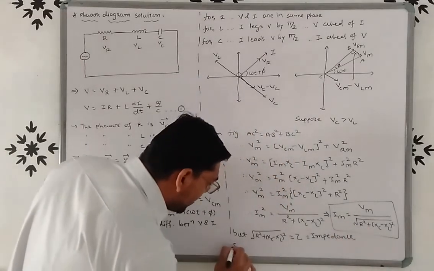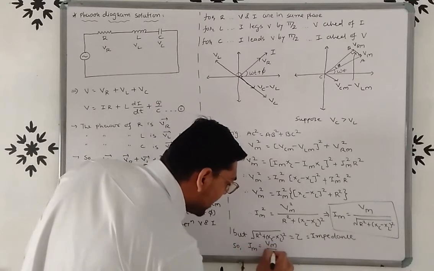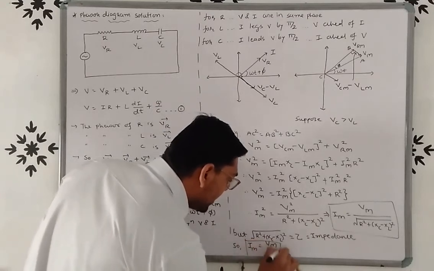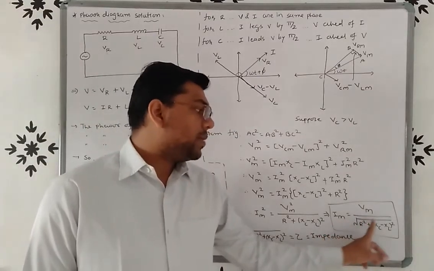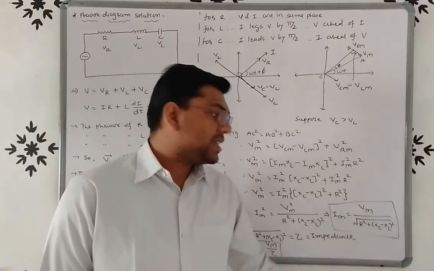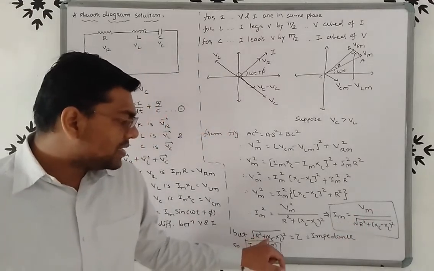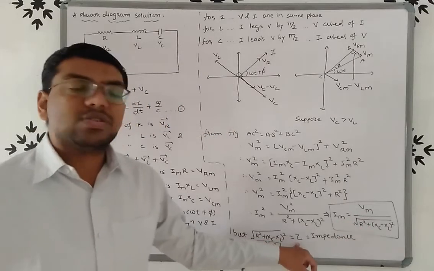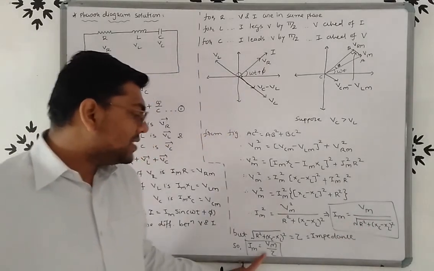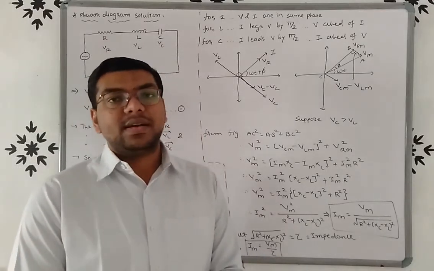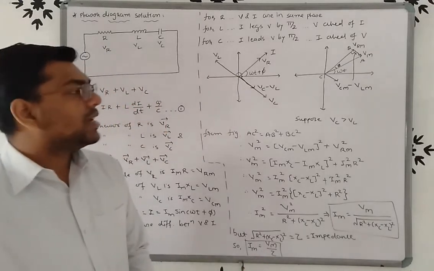So we can write Im is equals to Vm by Z. So the relation between current and voltage is Im is equals to Vm upon square root of R square plus XC minus XL whole square, which is Z, the impedance. So Im is equals to Vm by Z, right? This is the relation between voltage and current.